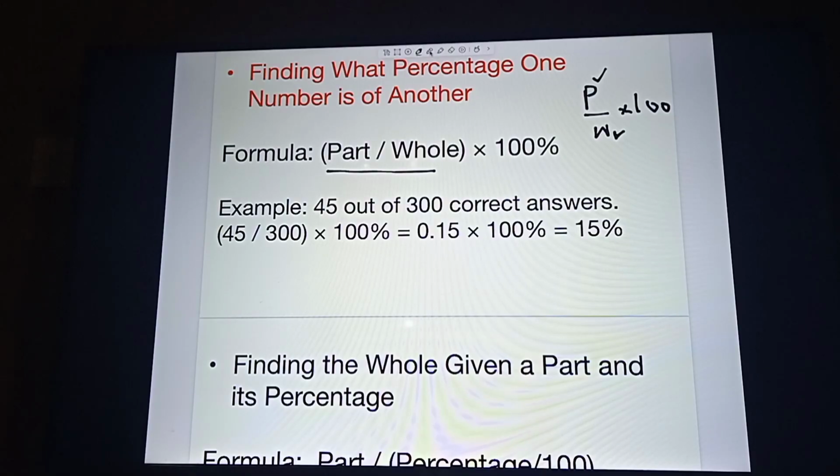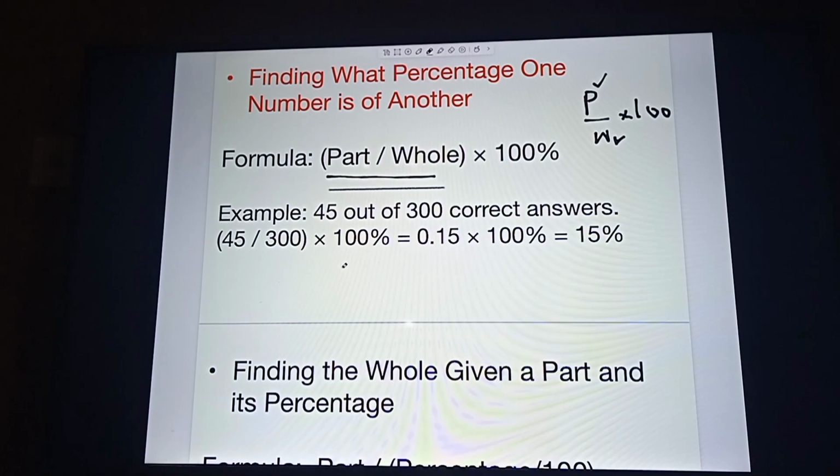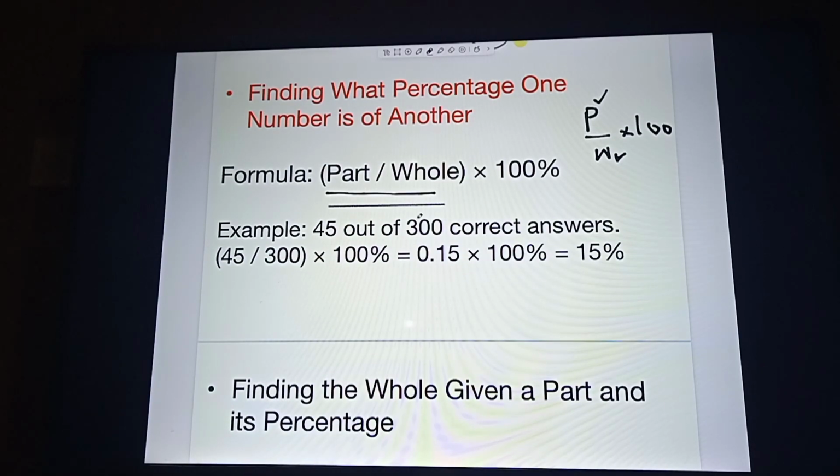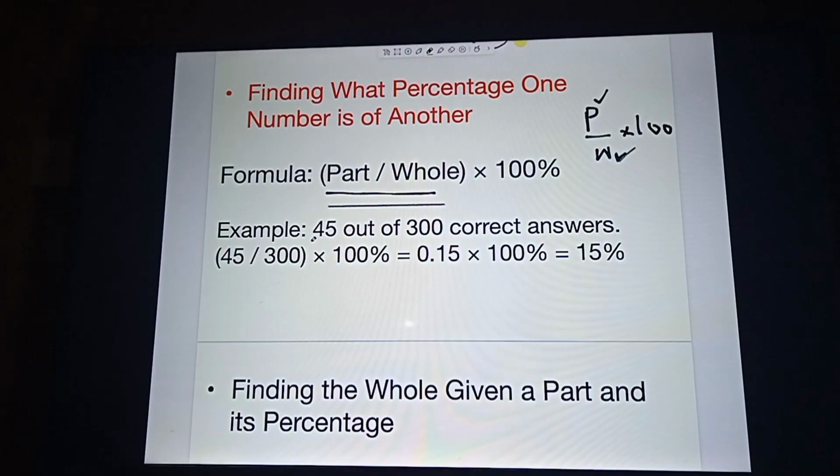Now the example is about 45 out of 300. What percentage of 300 is 45? For this we will use this formula, where 45 is the smaller part and 300 is the whole.